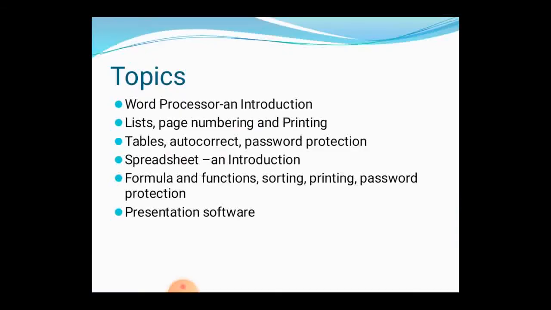Here you will be discussing the following topics: word processor and lists, page numbering and printing, tables, autocorrect, password protection, and spreadsheet: introduction, formula and functions, sorting, printing, password protection, and the presentation software. Okay, let us get into the session.